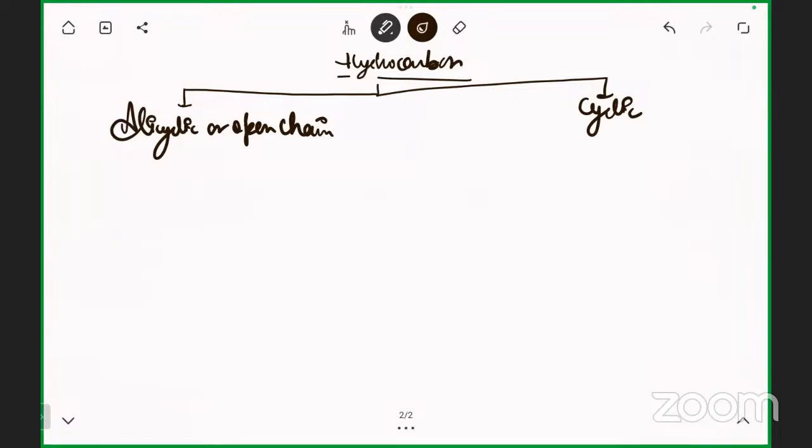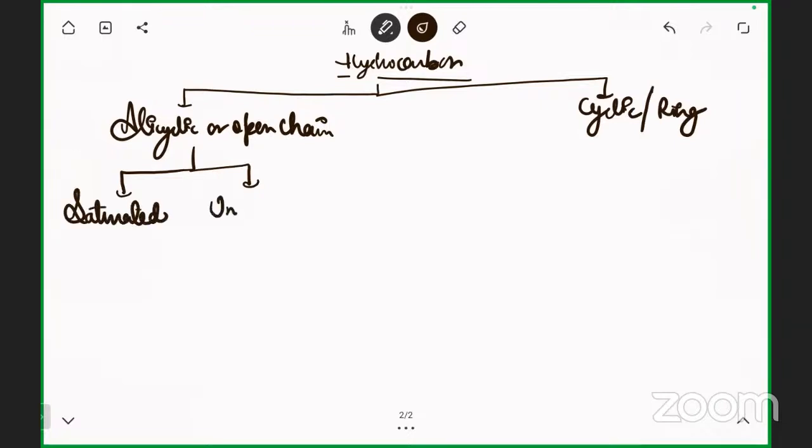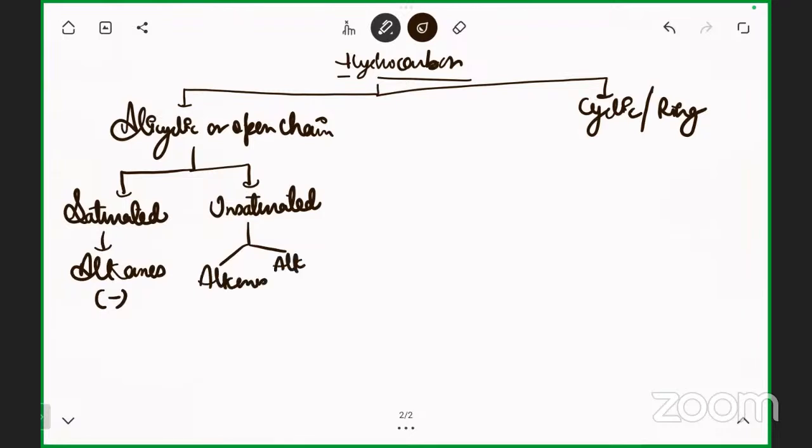On one side I'm taking the acyclic or open chain. Acyclic is classified into two categories again, saturated and unsaturated. Saturated contains alkanes, which have single bonds. Unsaturated contains alkenes and alkynes. Alkenes contain a double bond, alkynes contain a triple bond.